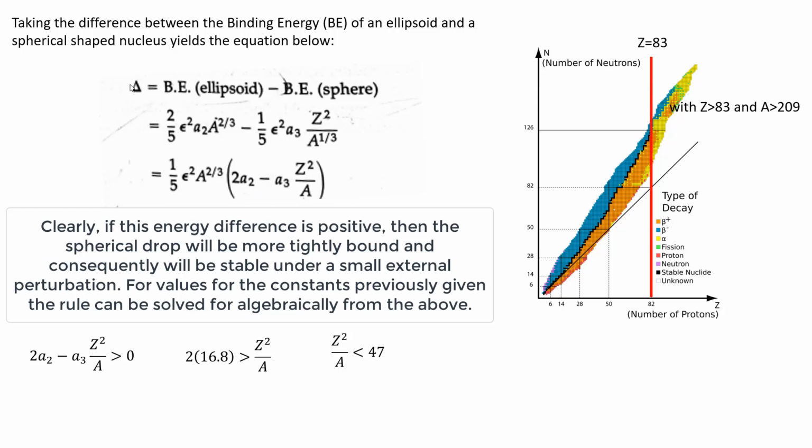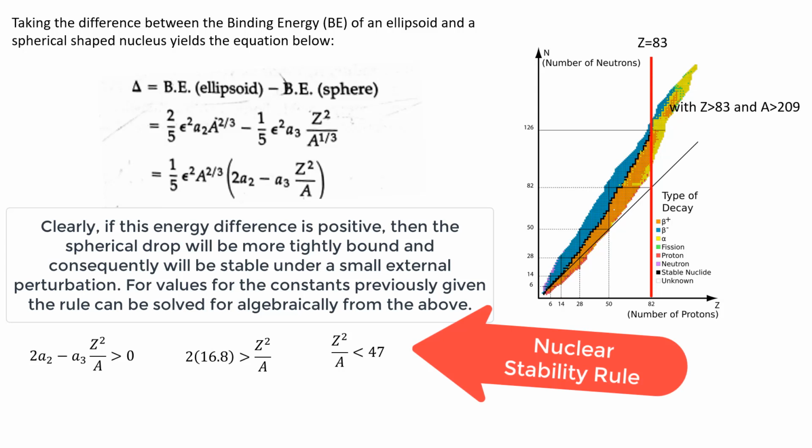Clearly, if this energy difference is positive, then the spherical drop will be more tightly bound and consequently will be stable under a small external perturbation. For the values of the constants previously given, the rule can be solved for algebraically from the above, and that yields this rule of, see the third term here, Z squared over A is less than 47.